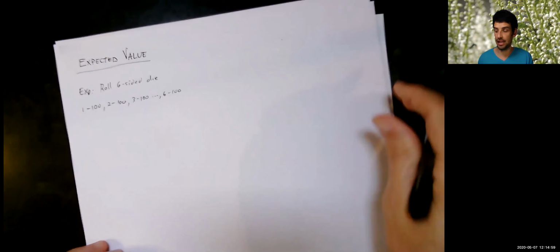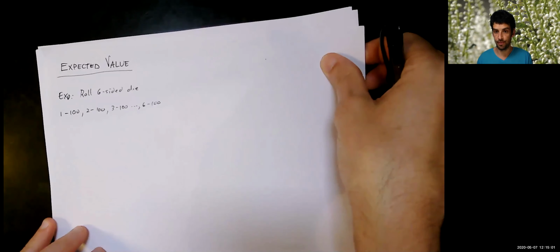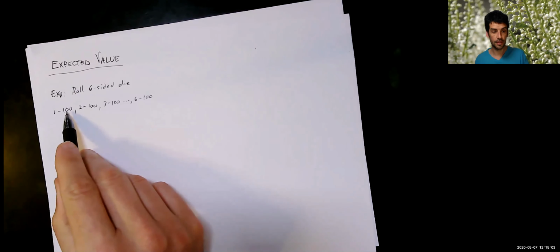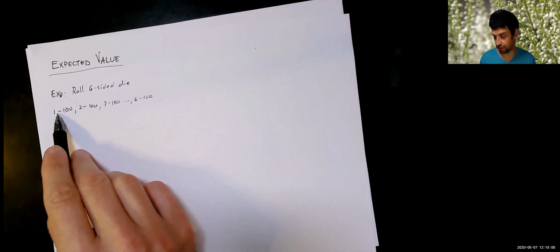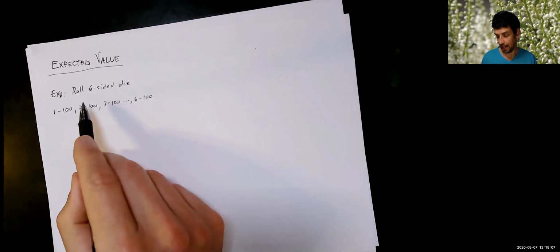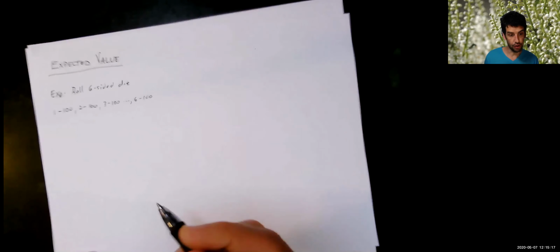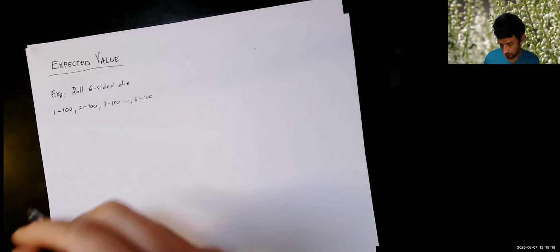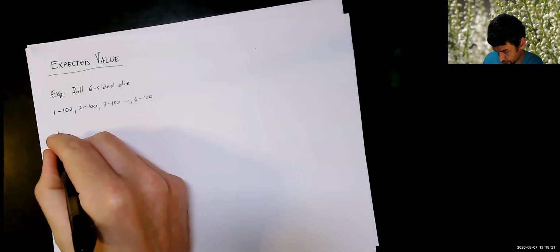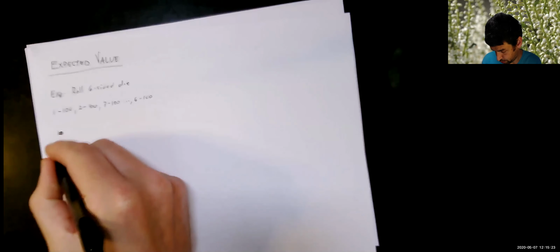And I'm going to compute the average. So what do I do? I add all those numbers together and divide by how many times I rolled the die. So what would that look like? Well, let's use some notation.